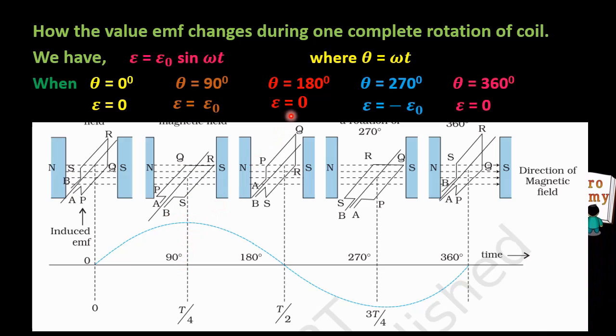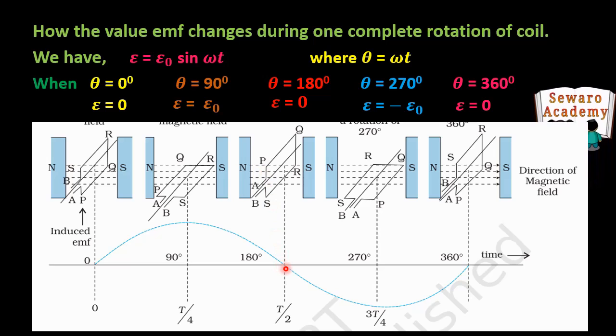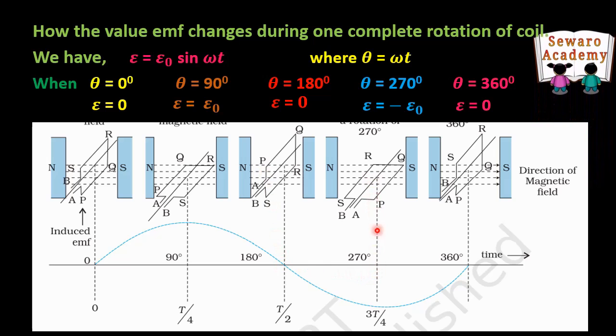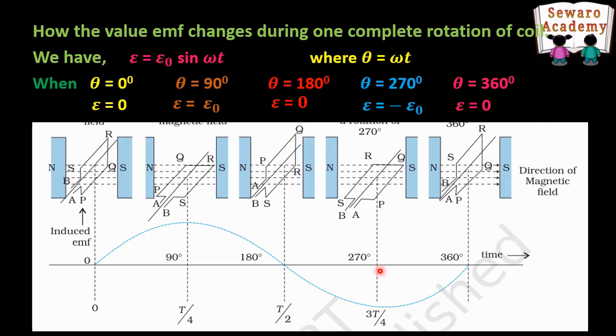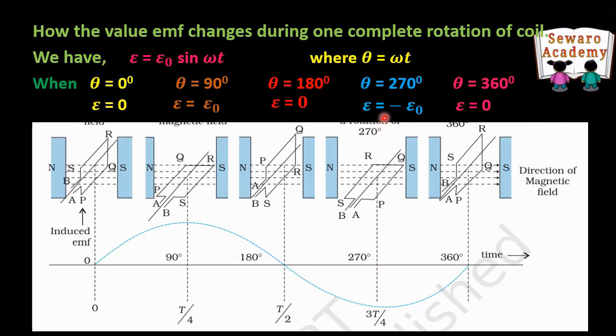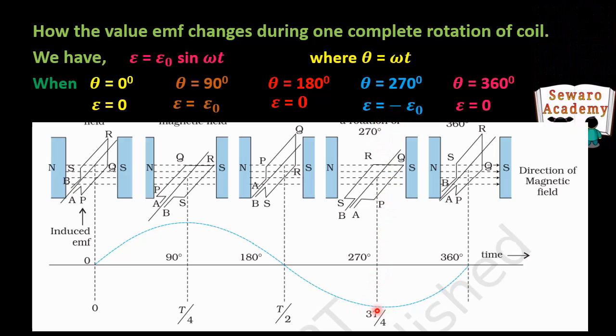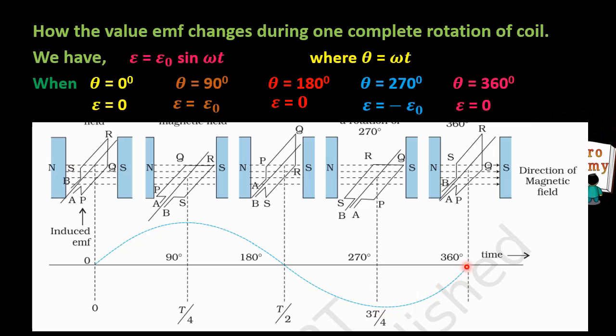Similarly, when theta equals 180 degree, in this position the EMF will be 0. When theta equals 270 degree, in this position the EMF will be maximum on the negative side. And when theta equals 360 degree, that is one complete rotation, the EMF will again be 0.